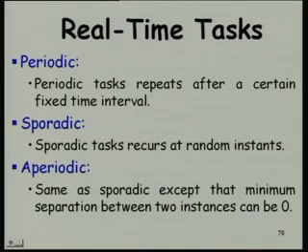Now, a sporadic task on the other hand occurs at random instants. For example, a fire condition, or temperature becoming very high.